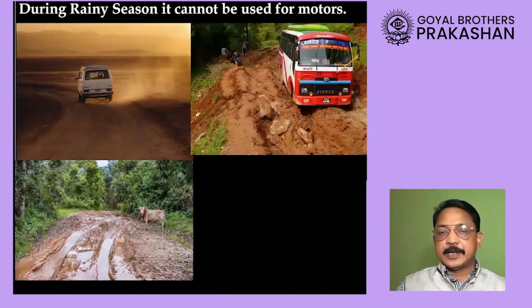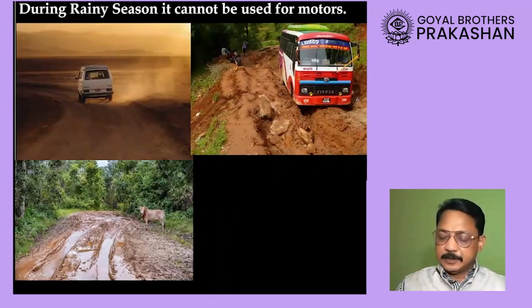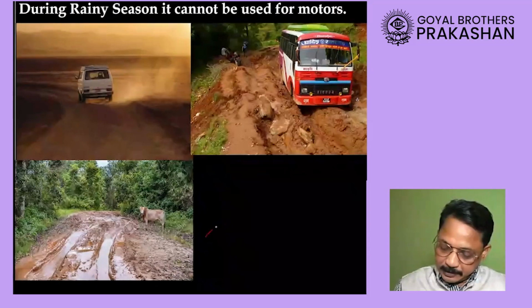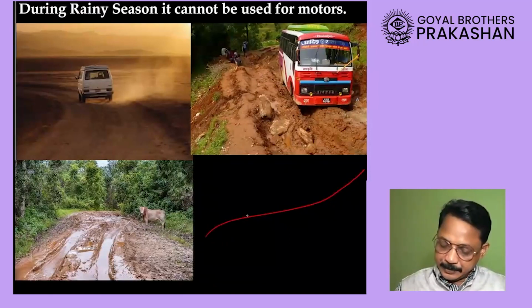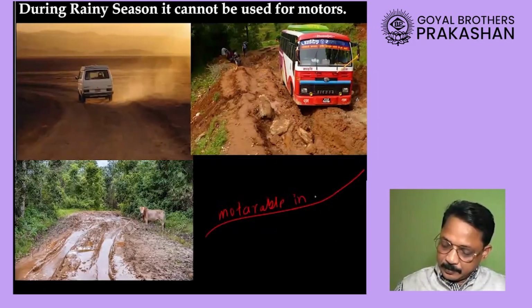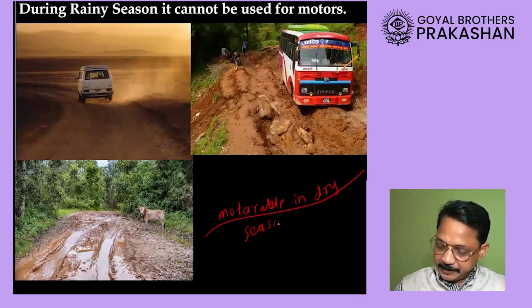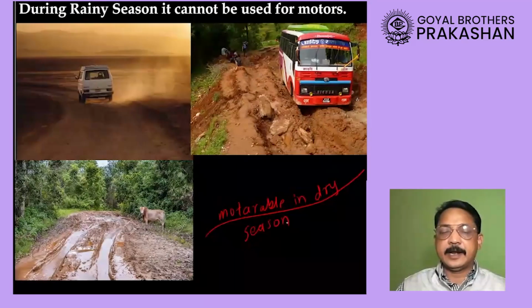Many cart tracks can be used for driving vehicles, okay, but sometimes, dear student, if you see a cart track in a topography map like this, and on this cart track the words are written, suppose, motorable in dry season, it means you can use this cart track to drive vehicles during non-rainy season.